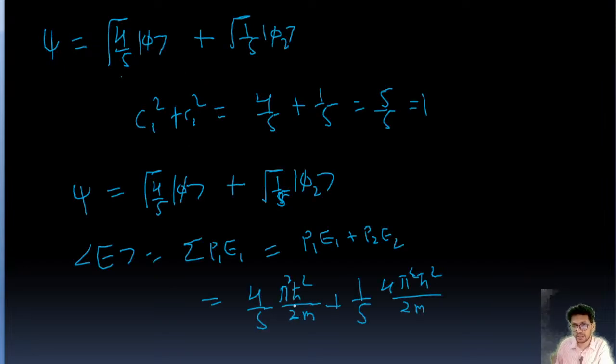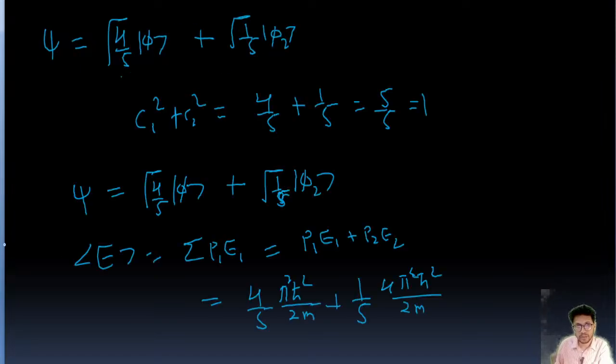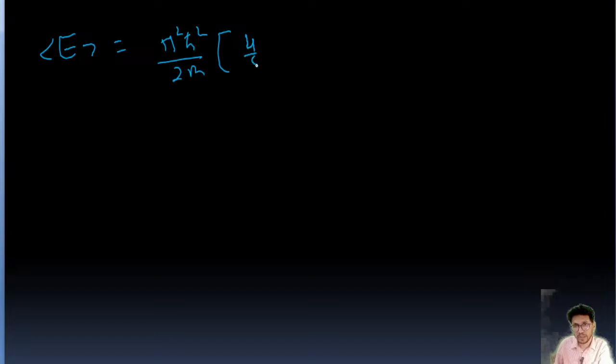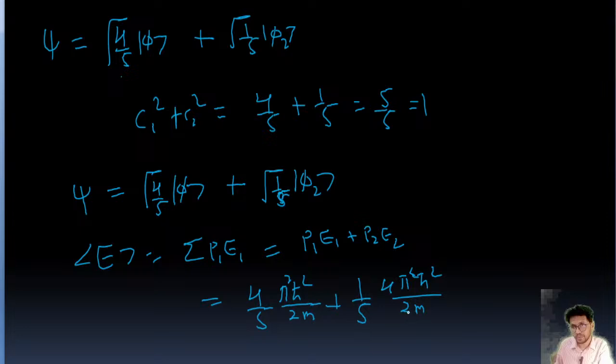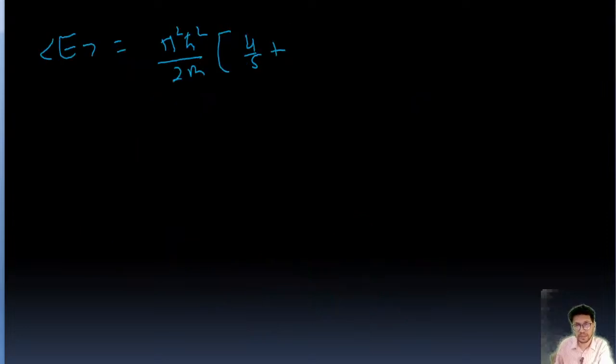Here we will take pi square h cut square upon 2m common. So this is going to be 4 by 5 plus 4 by 5, which is 8 upon 5, right?